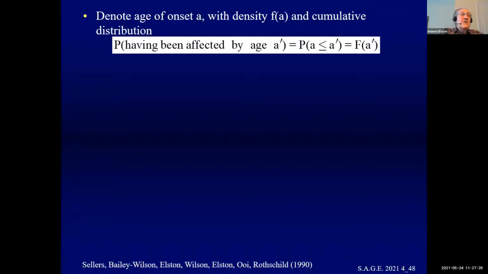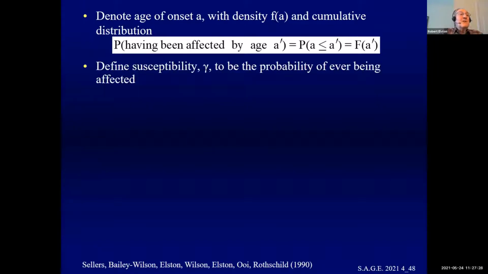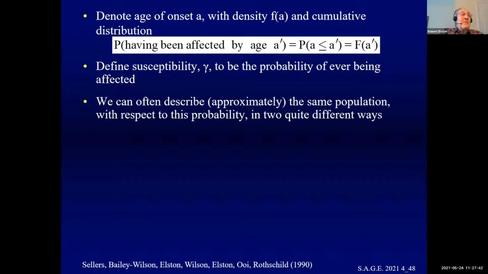We'll see a picture in a minute. So we define the susceptibility to be the probability of ever being affected. It doesn't have to be 1 as in survival analysis. It is whatever you want it to be. And we can often describe approximately the same population in 2 quite different ways.